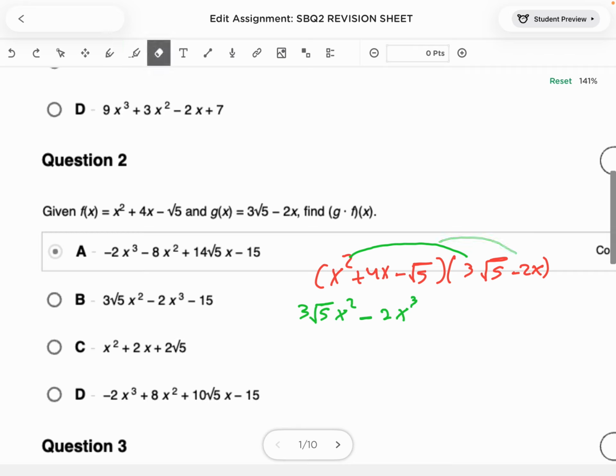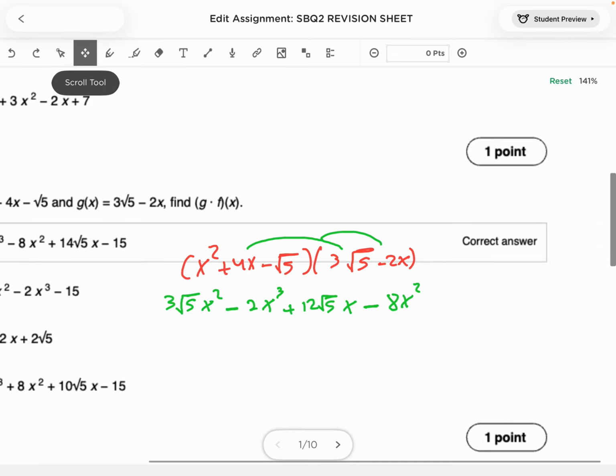Then 4x by 3 radical 5 is positive 12 radical 5 x, and 4x by negative 2x is negative 8x squared. Then we have the last thing.